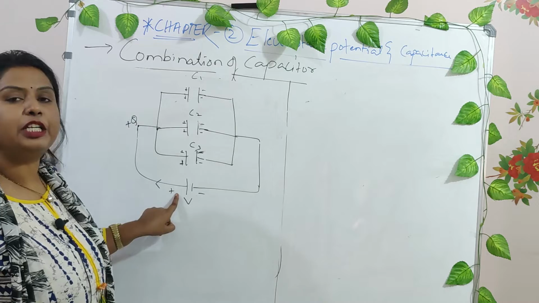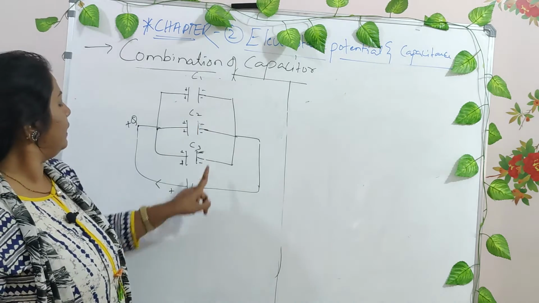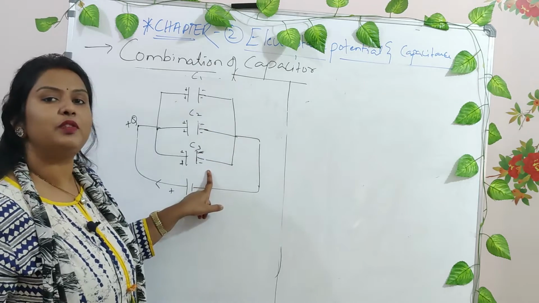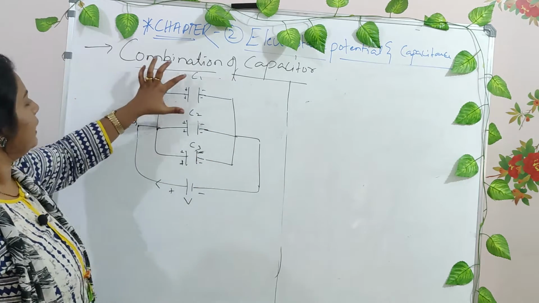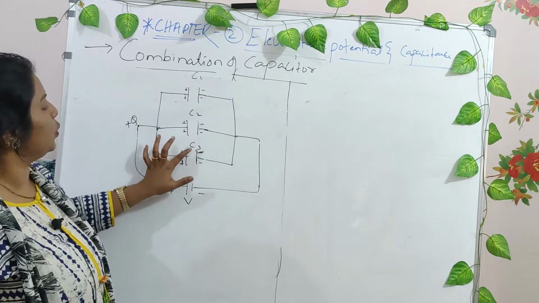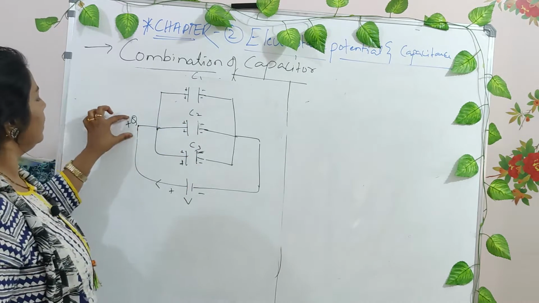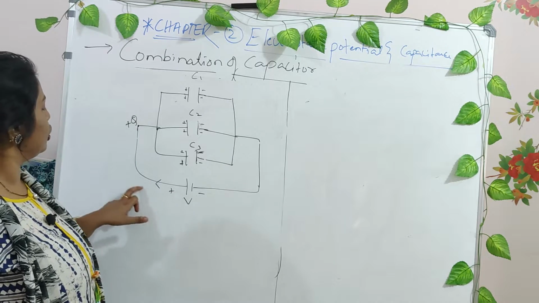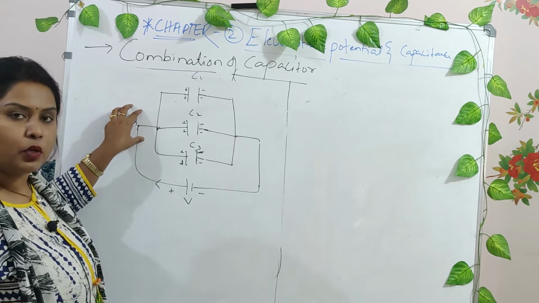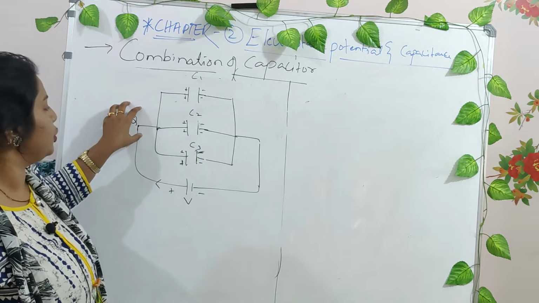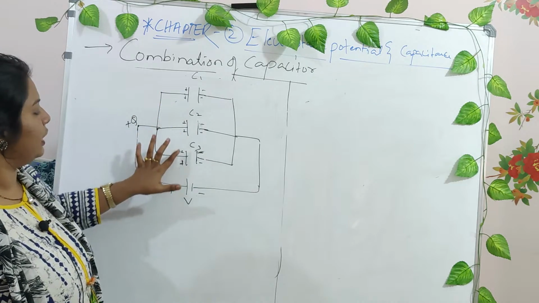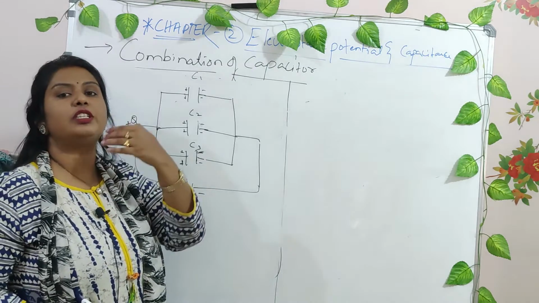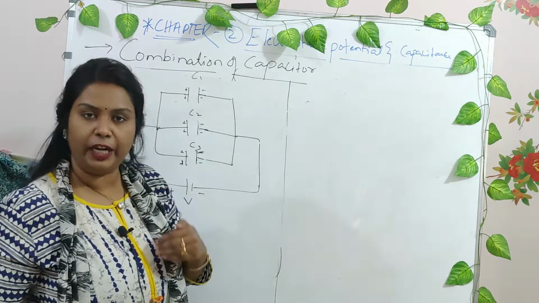Because they are directly connected to the positive terminal, and the negative terminal is directly connected to the right hand side plates of the capacitors, which have capacitances C1, C2 and C3, right? Now here, the total charge coming out from this source is positive Q, and this Q is divided among 3 different capacitors, and hence the capacitors store different amounts of charge, right?